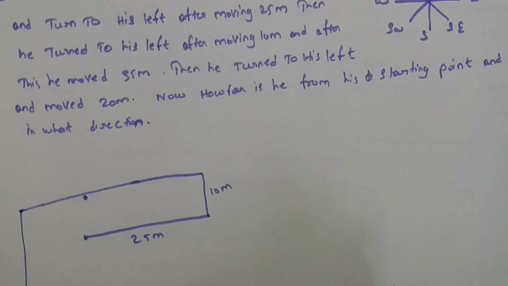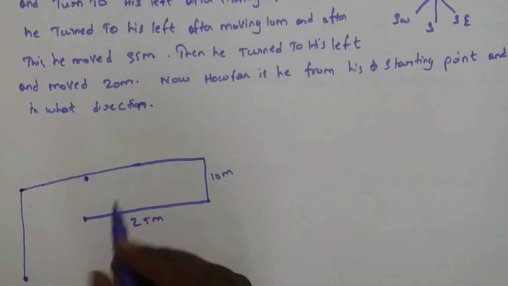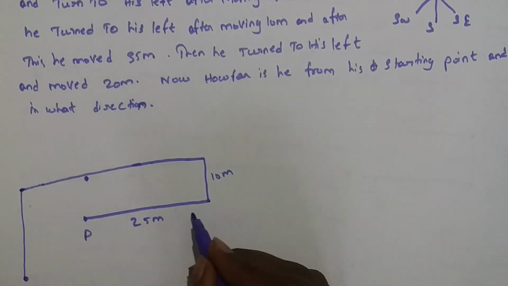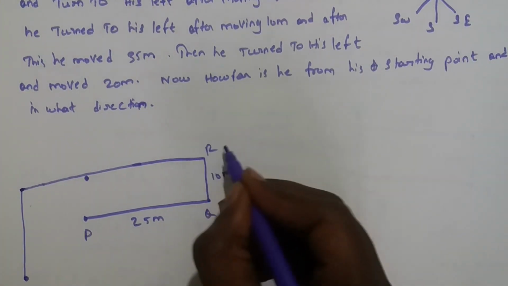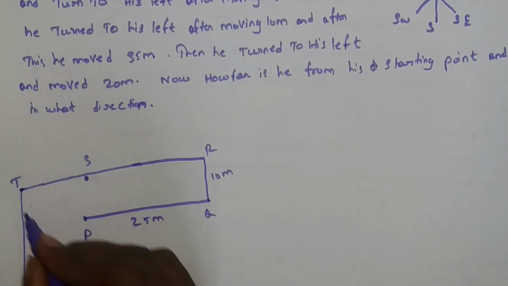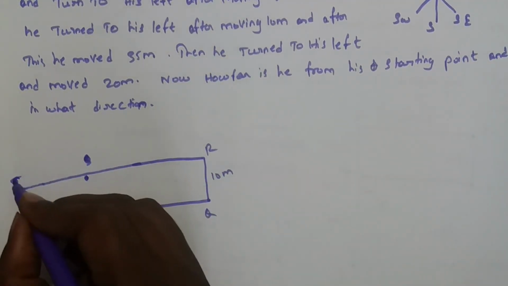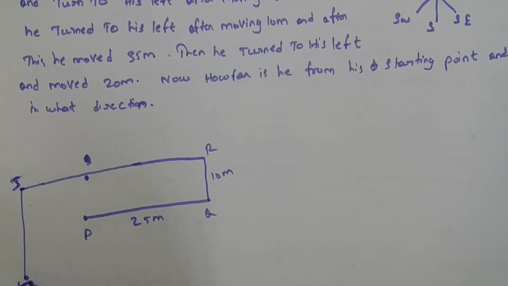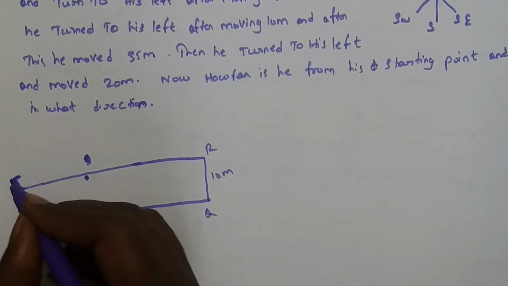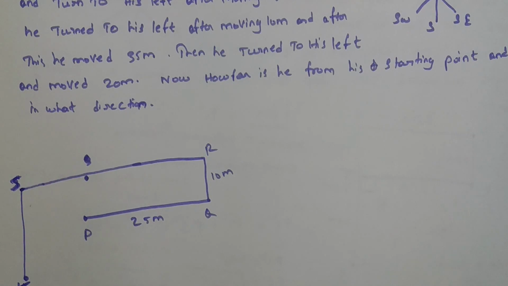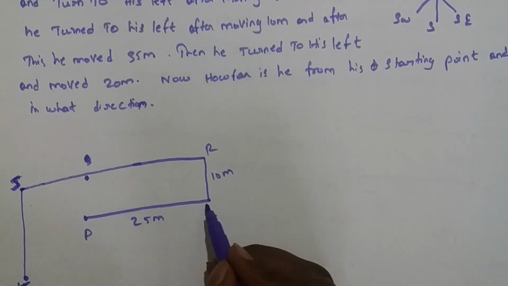Now we will write down the points here: P, Q, R, S, T. From here to here he moved 25 meters.